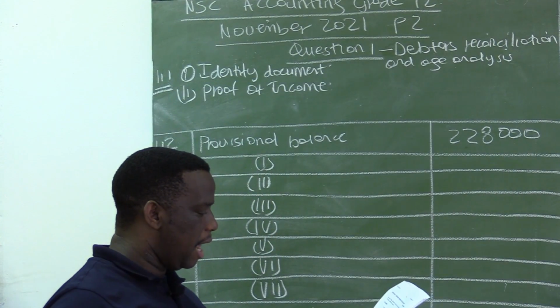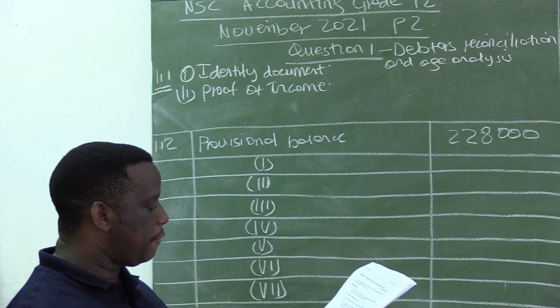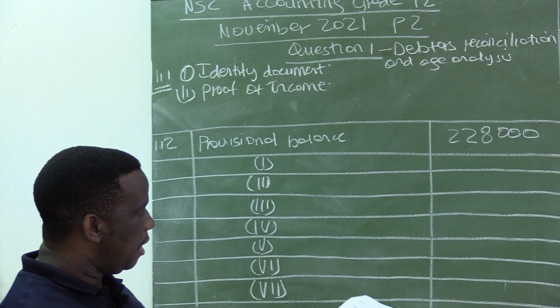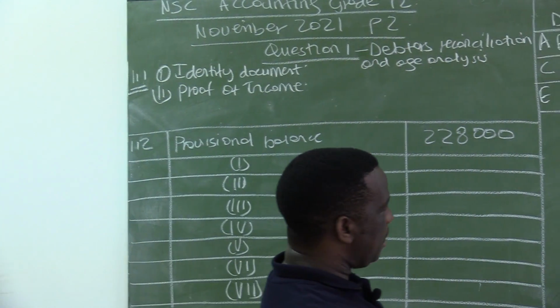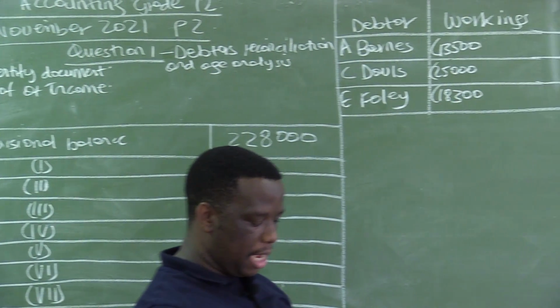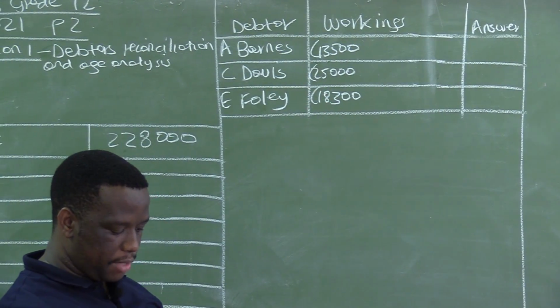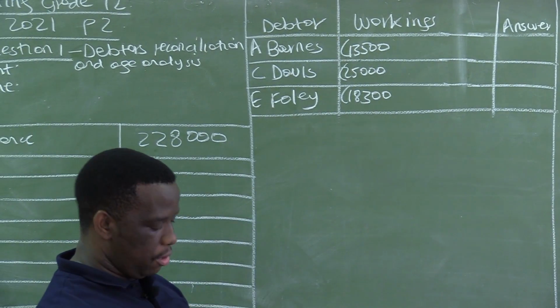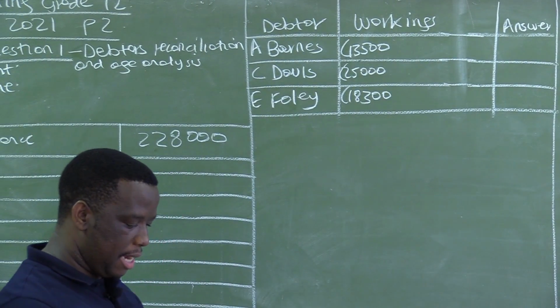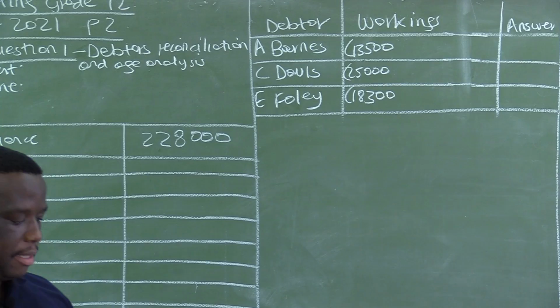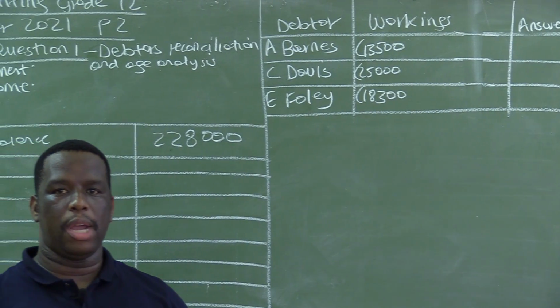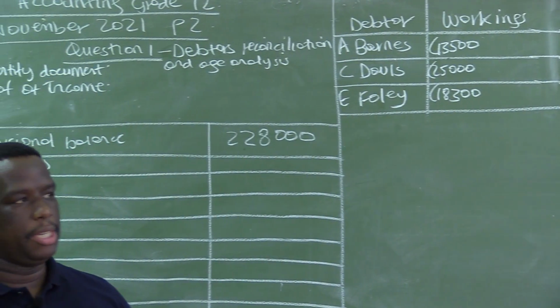Then, extract from the debtors list: A. Barnes is owing us 13,500, C. Davis owing us 25,000, and E. Foley owing us 18,300.